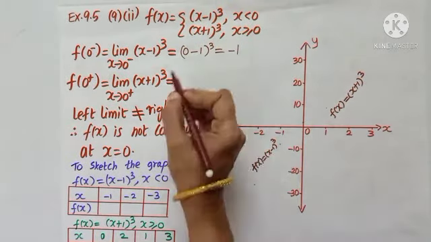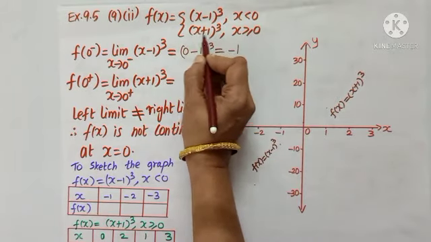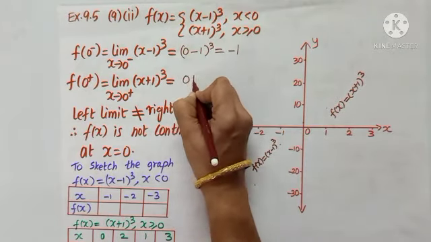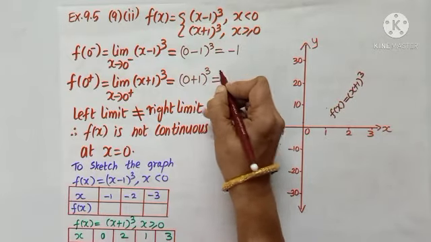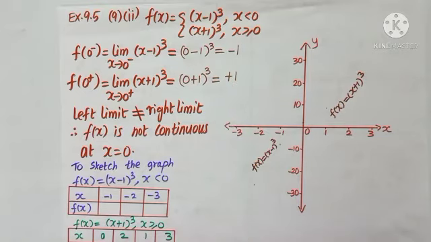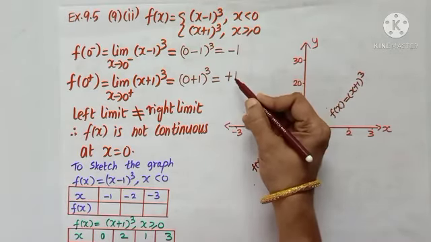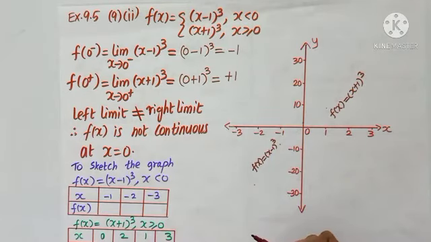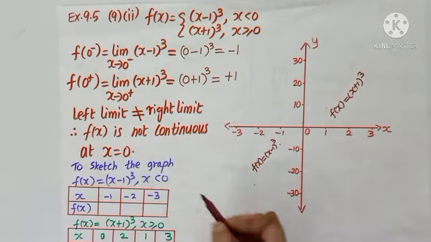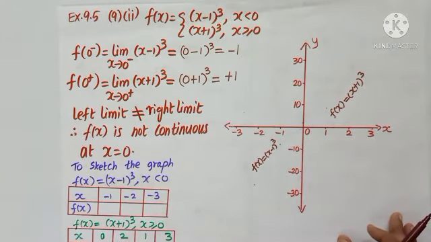When I come to the right limit, it is after 0, substitute here 0 plus 1 the whole cube, 1 cube, my answer is plus 1. Left limit is minus 1, right limit is plus 1, and so they are not equal. We can immediately declare f of x is not continuous at x equal to 0.